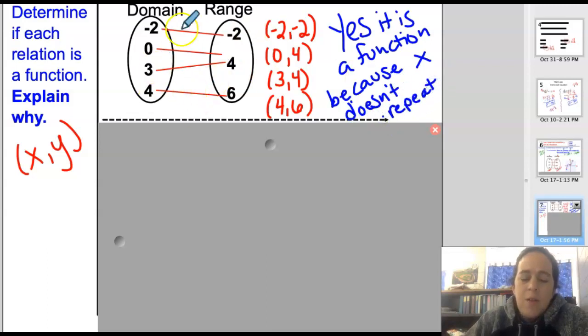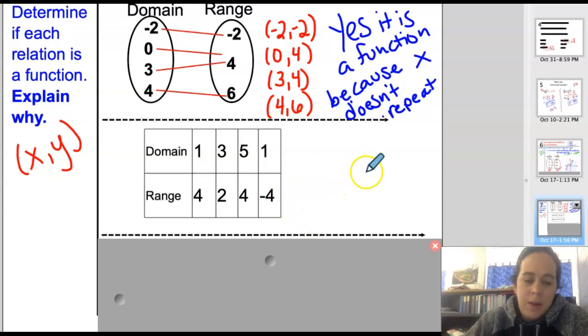Sometimes the maps are the hardest ones to tell whether they're functions or not. That's why I like to list them out as ordered pairs. Once I see all the ordered pairs and I see that I have all different x values, then I know it's a function. We don't care about the y values when we're testing functions. They could all be 4s, and that's fine, as long as we don't have any x values repeating.